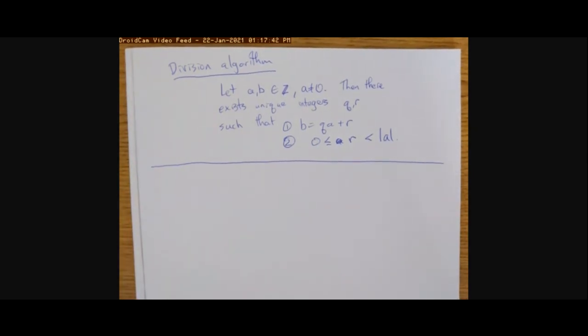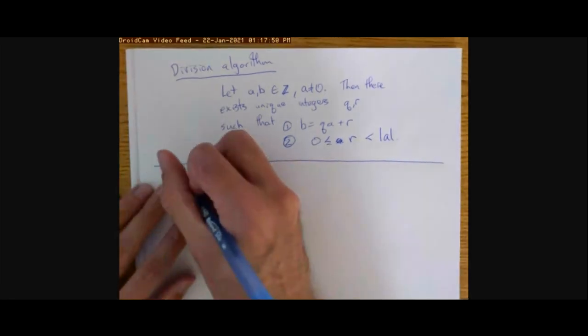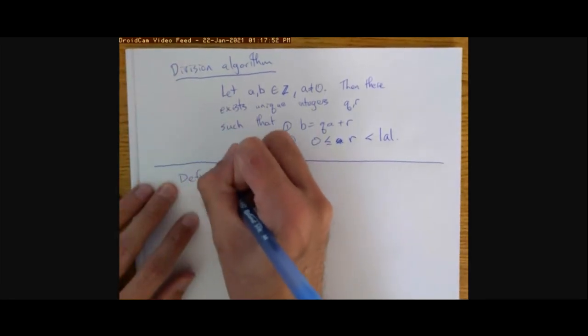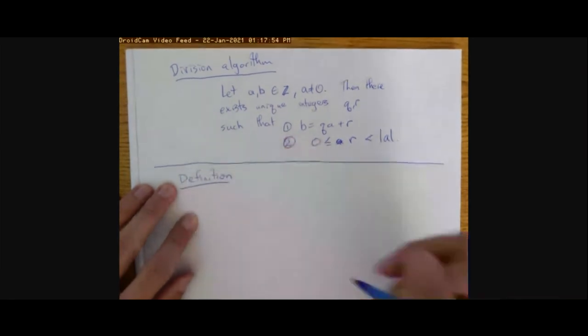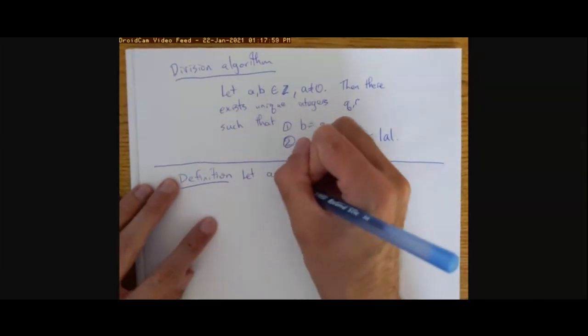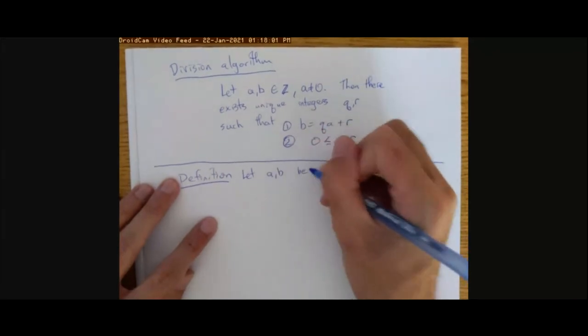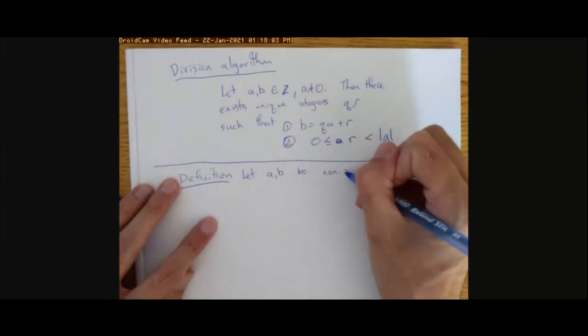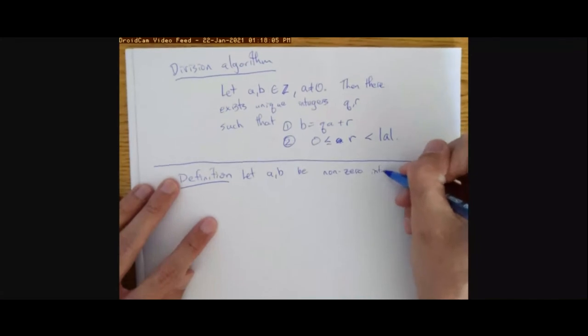Now, because we have greatest common divisor, we also have least common multiple. It is just kind of the same definition as GCD, but flipped around. Let A, B be non-zero integers.